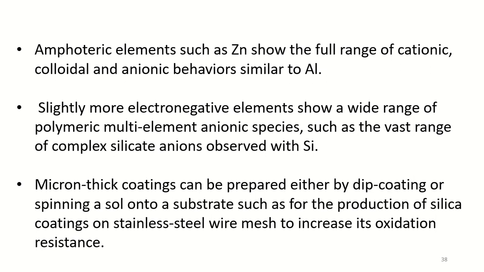The identification of these polymeric species in aqueous solution can be difficult, but in the case of silicates and phosphates, they can be separated and subsequently characterized by using different chromatographic techniques.